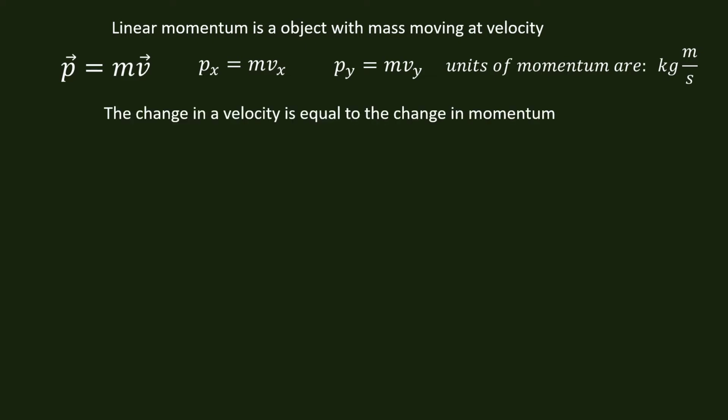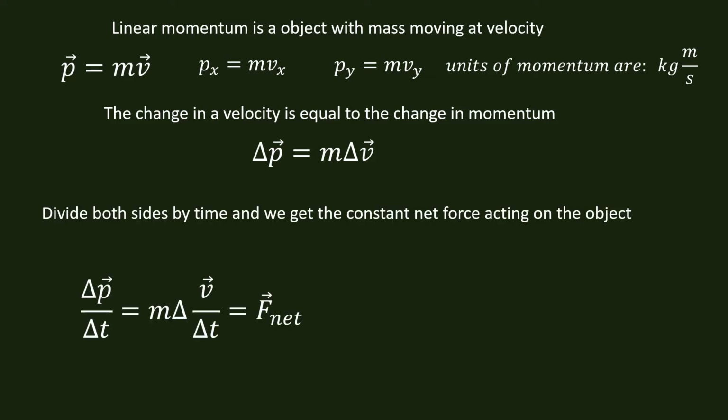The change in velocity is related to the change in momentum. So in this case, we could have a change in momentum, but we must also have some change in velocity. Divide both sides by time, and we get the constant net force acting on the object. So this tells us basically what the force is.